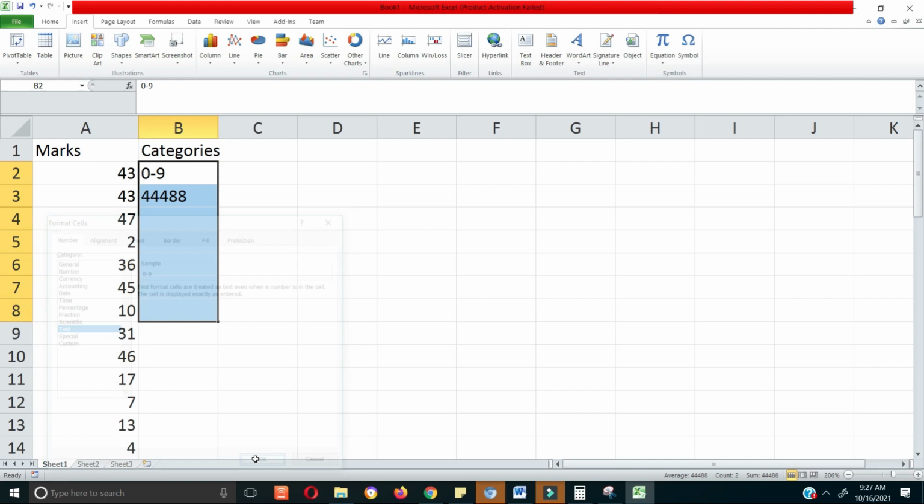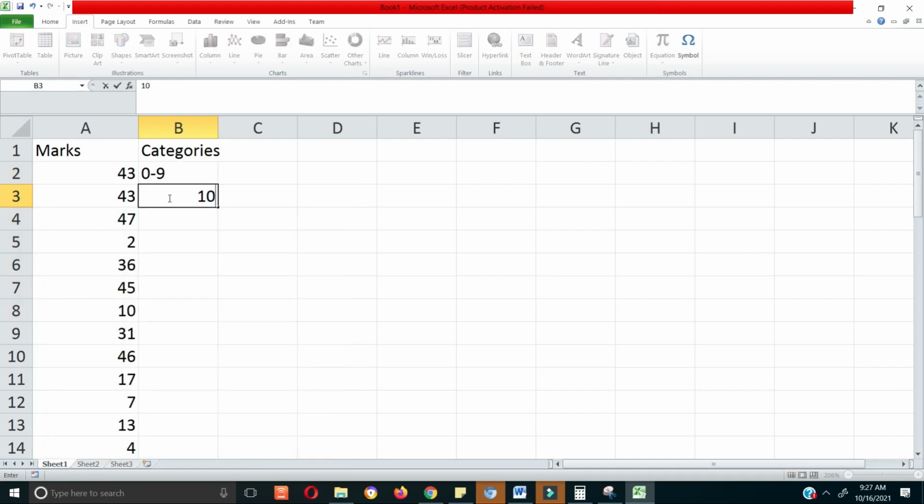So we have 0 to 9, 10 to 19, 20 to 29, the 30s to 39, and the 40s, 40 to 49.